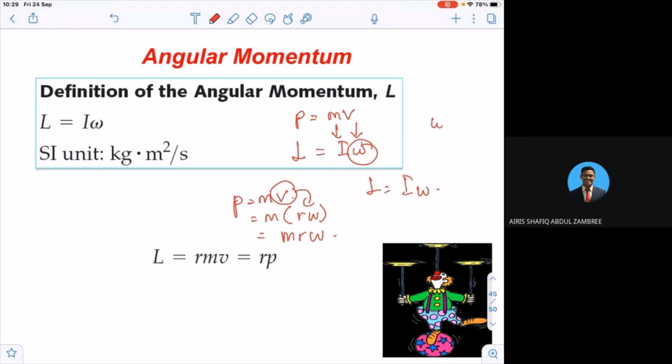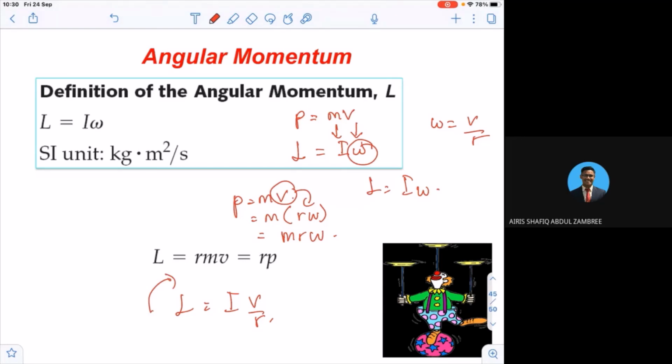So what is omega? Omega is v over r. So L is equivalent to I v over r. Okay, so you can get this value up, and you can eliminate to get L equals r m v. That is also equivalent to r p.